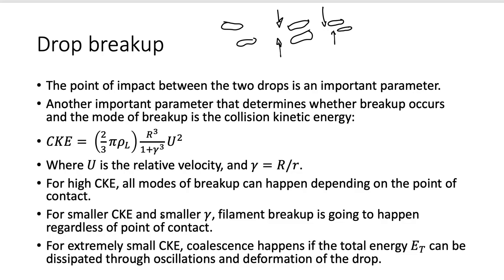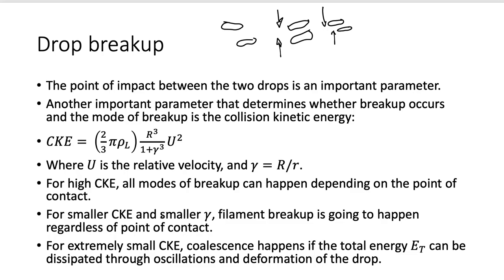And in particular, remember the different breakup modes that I showed you before: for really, really high collision kinetic energies, basically all modes of breakup can happen, depending obviously on the point of contact between two particles. When you have smaller collision kinetic energy and smaller gamma, meaning that one droplet is much, much bigger than the other, then filament breakup is more likely regardless of the point of contact.